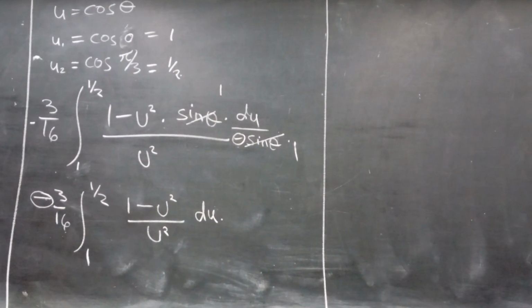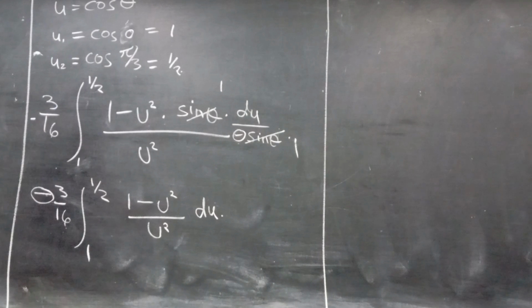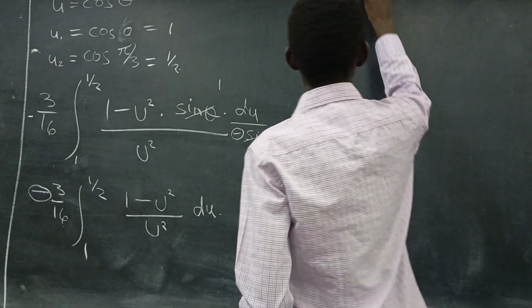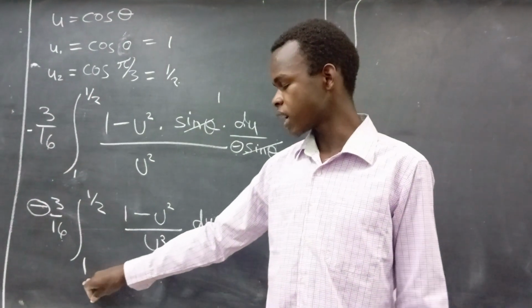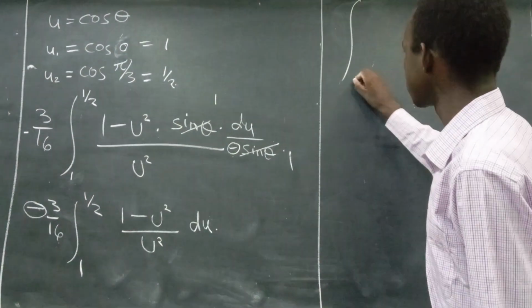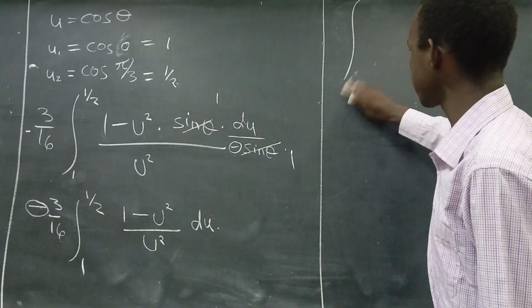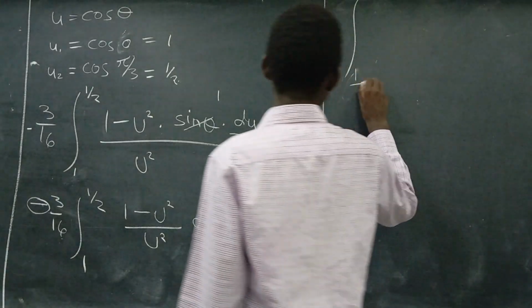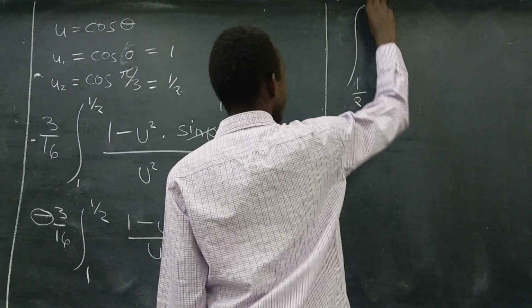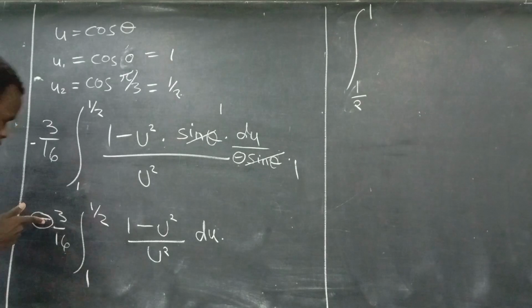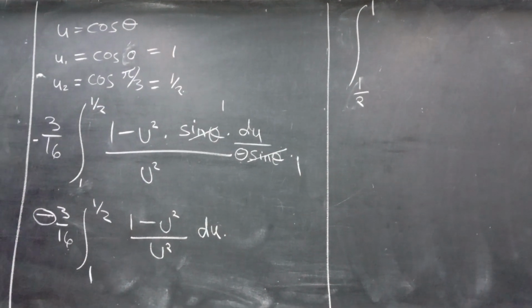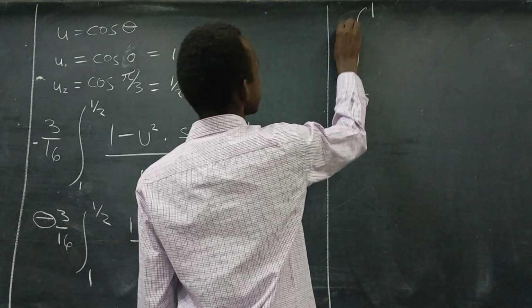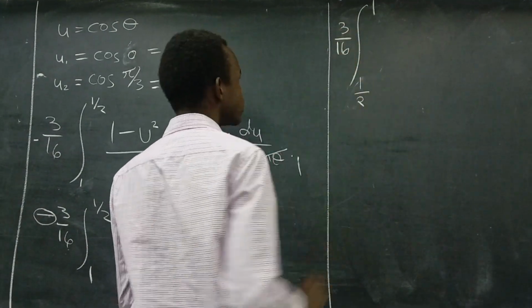So I'll swap my bounds: instead of writing 1, I'll place a half here, and I'll place my 1 there. So I'll be placing my half to 1. This negative reverses the bounds, so I'm remaining with my 3 over 16.